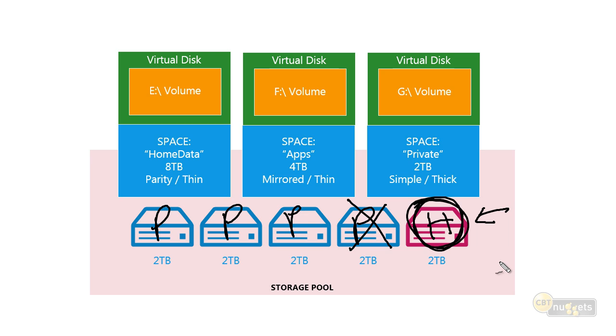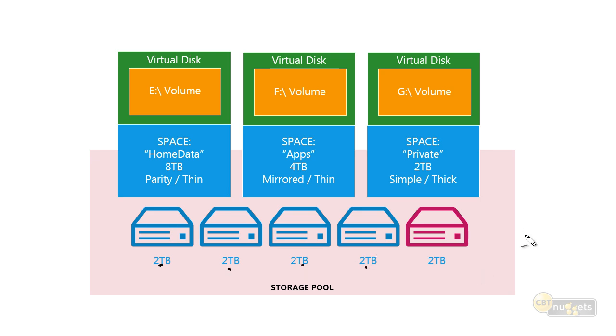It just designates it as a hot spare. That actually gets utilized at the storage space level. So here's what I've done. I've got a 2, 4, 6, 8, 10 terabyte storage pool, keeping in mind that my hot spare over here isn't being actively used. Now I can start carving that storage pool up into storage spaces.